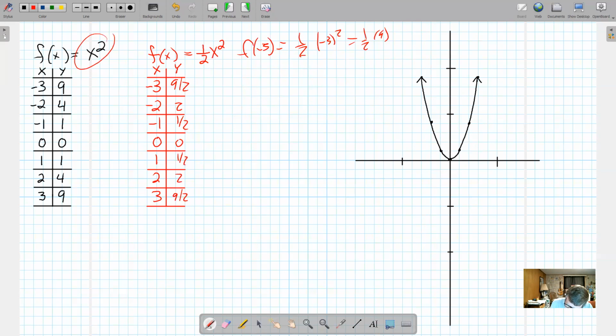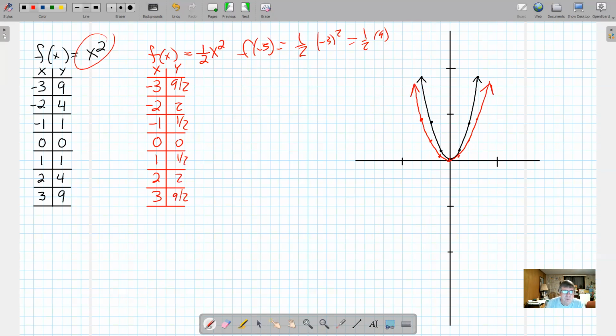So negative 3, 4.5, negative 2, 2, negative 1, 1/2, 0, 0, 1, 1/2, 2, 2, 3, 4.5, like that. Okay, what does this graph look like? It's opening up wider.